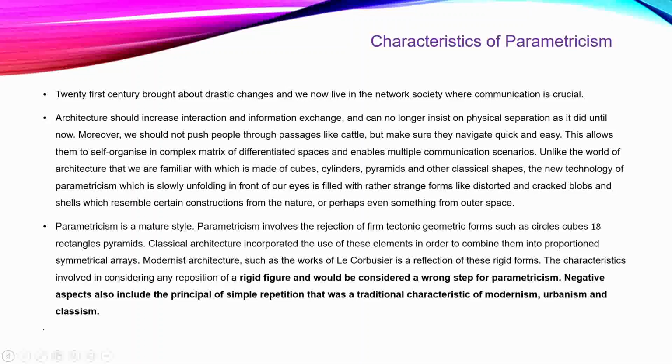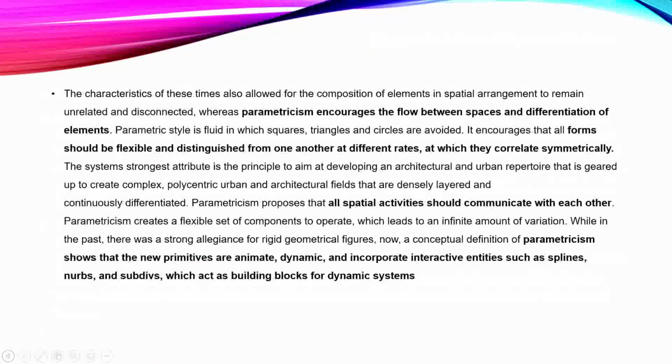Modernist architecture, such as the works of Le Corbusier, is a reflection of these rigid forms. Any repositioning of a rigid figure would be considered a wrong step of parametricism. Negative aspects also include the principle of simple repetition that was a traditional characteristic of modernism, urbanism, and classicism.